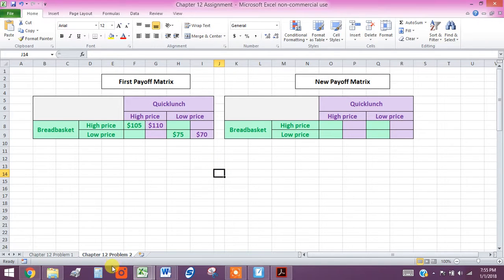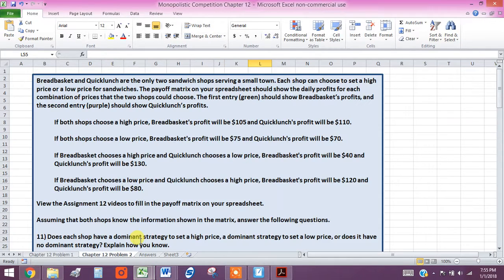All righty. Now, let's go back. If Bread Basket chooses high and Quick Lunch chooses low, Bread Basket will be 40 and Quick Lunch will be 130. So let's take this one thing at a time. If Bread Basket chooses high, they'll be 40.